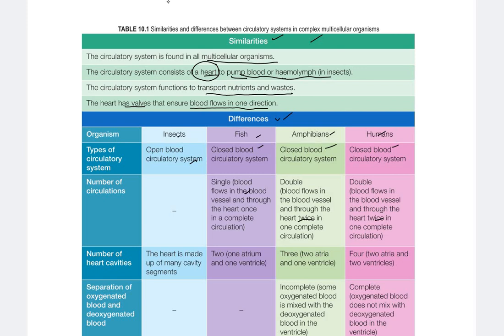Number of cavities means the number of chambers, heart chambers or heart cavities. For insects, the heart is made up of many cavity segments.